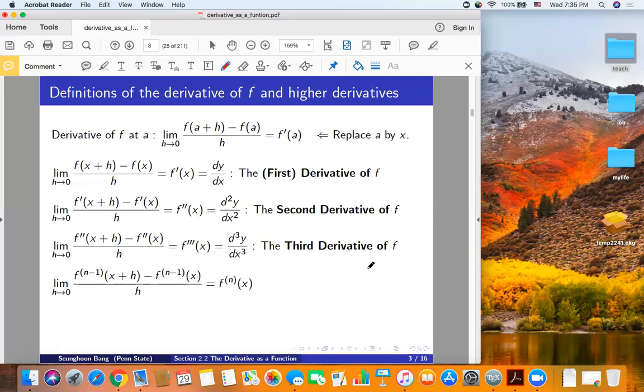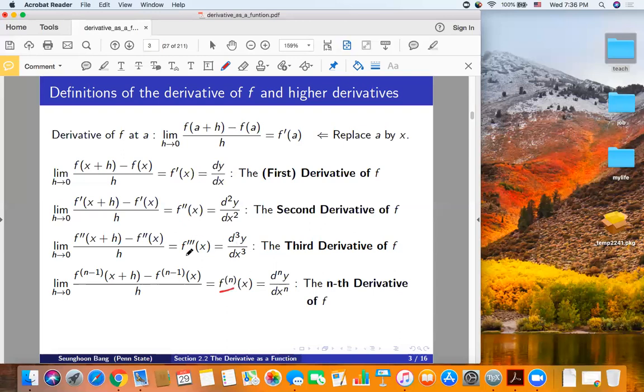So this is the nth derivative of f of x. So this is d to the n y over dx to the n. So we call this the nth derivative of f. We can use this same kind of notation.